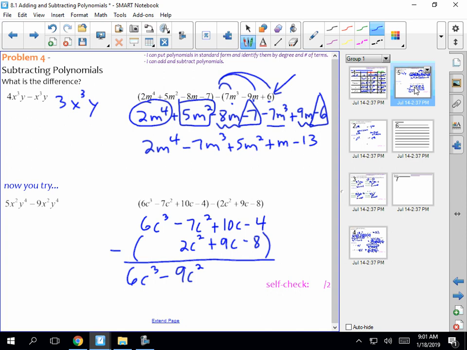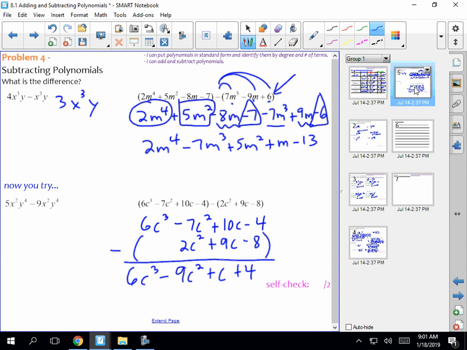So that's how I get the negative 9. And then I have 10c minus 9c is just 1c. And then I have negative 4 minus negative 8, which is the same as adding 8. Negative 4 minus a negative 8 would be adding 8. So that is positive 4.